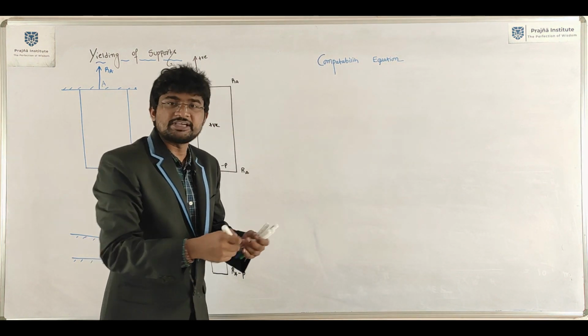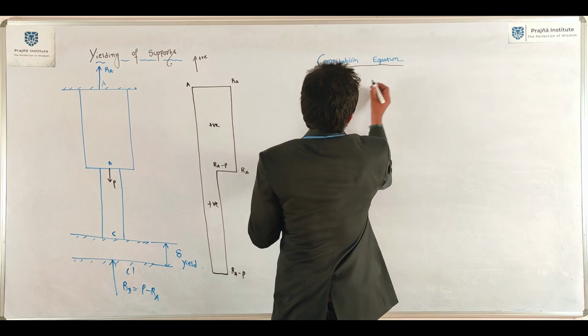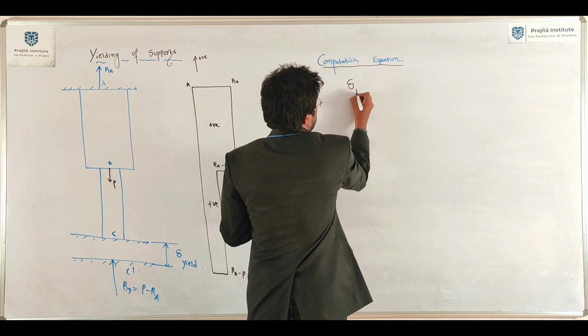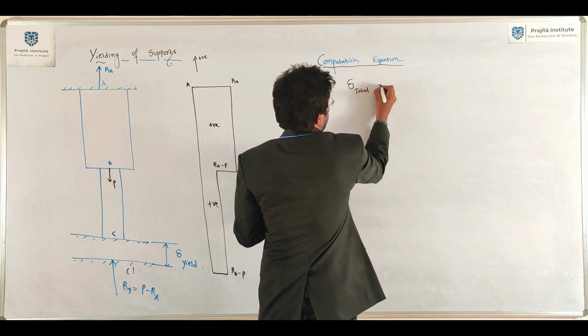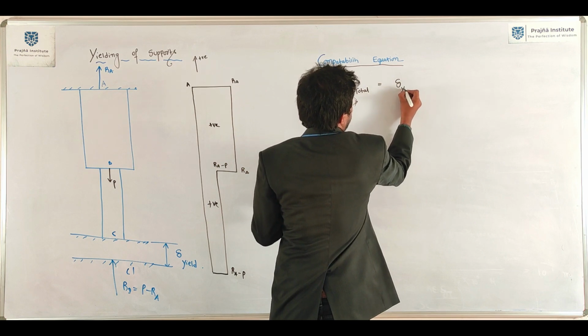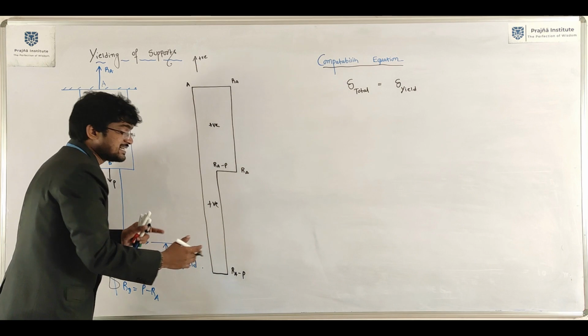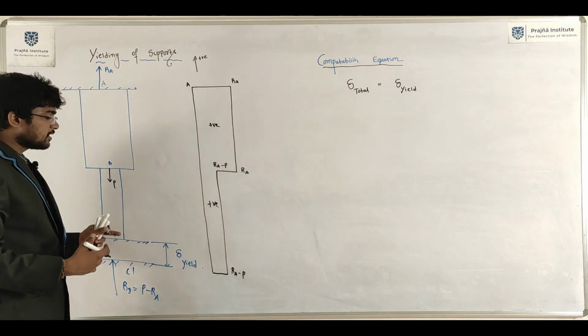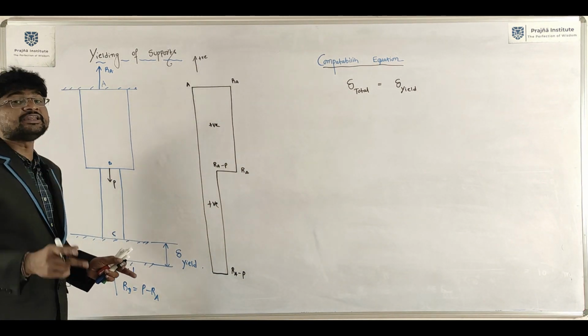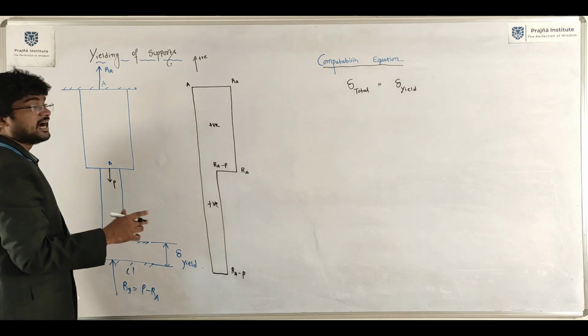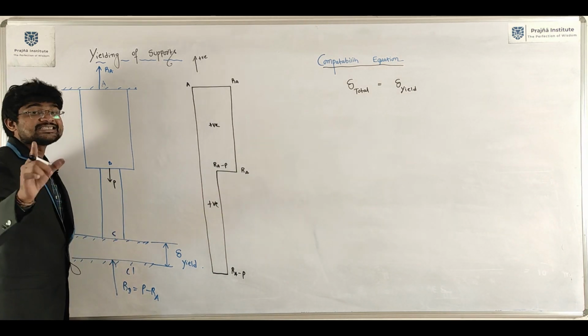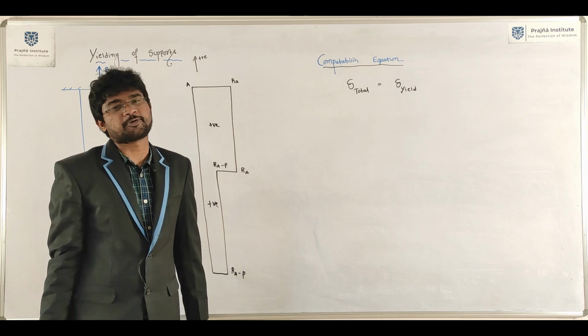So what is the compatibility equation? Delta total equals delta yield. We use the same compatibility equation as in the delta gap problem. There, two steps: first we need to decide whether end C will coincide with the fixed support or not.